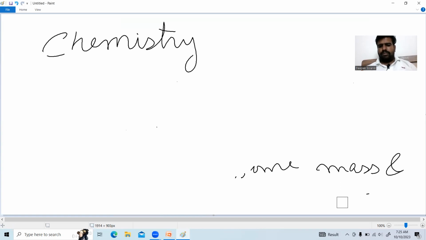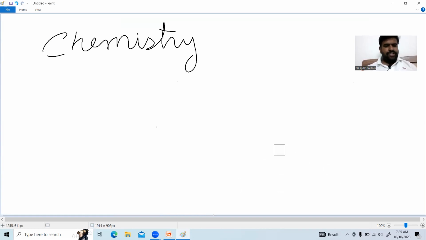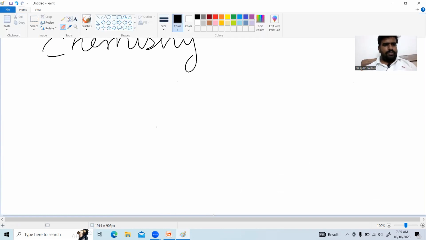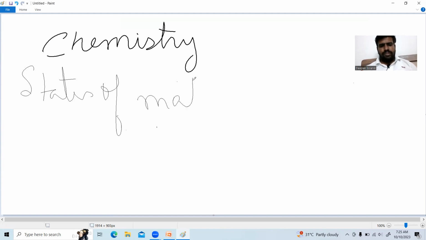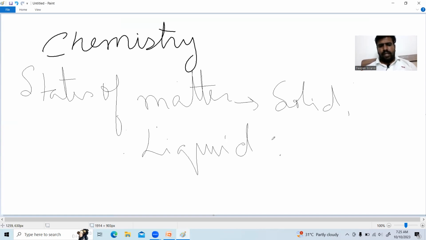Now talking about the states of matter, it exists in three states: solid, liquid, and gas.